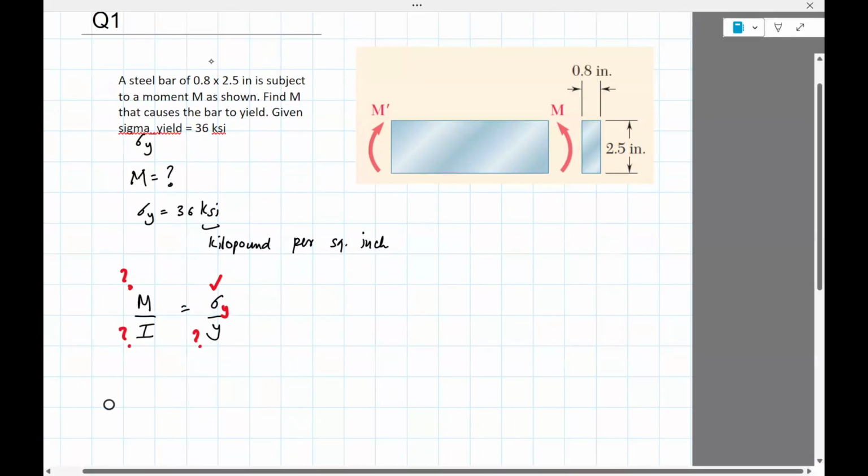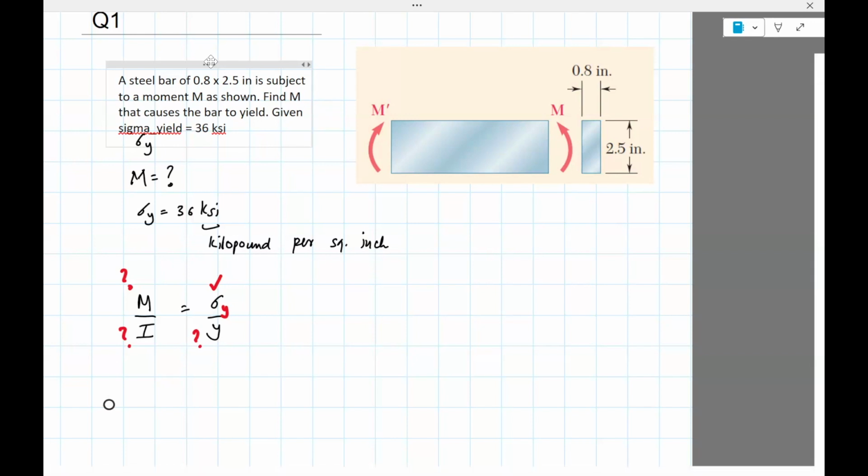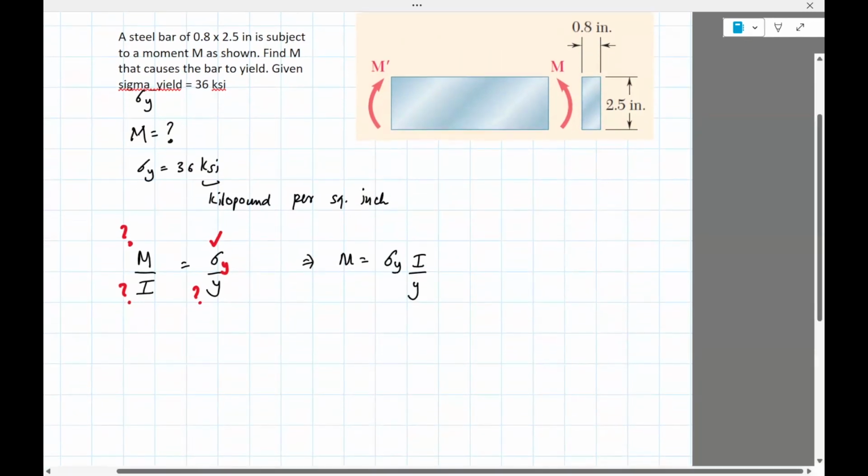Okay, so we want to compute, so let's write this as M equals sigma y times I divided by y.